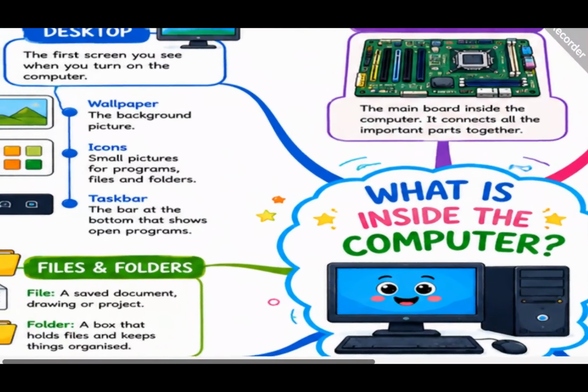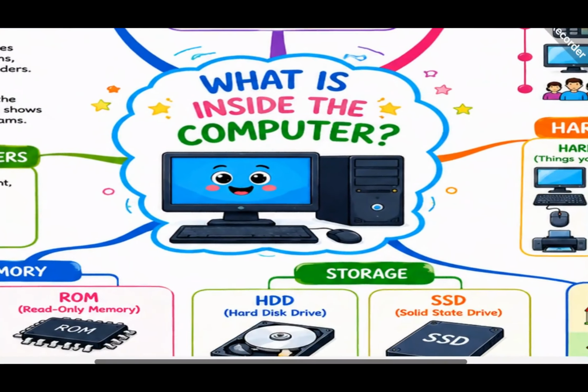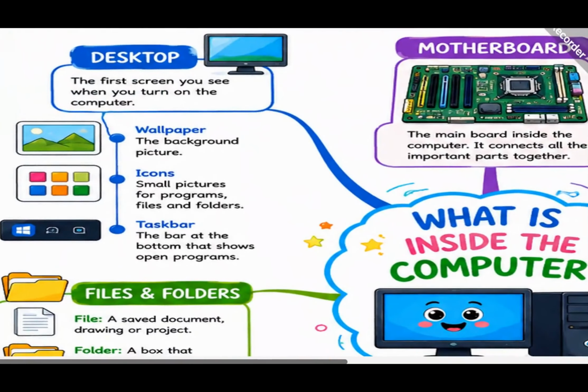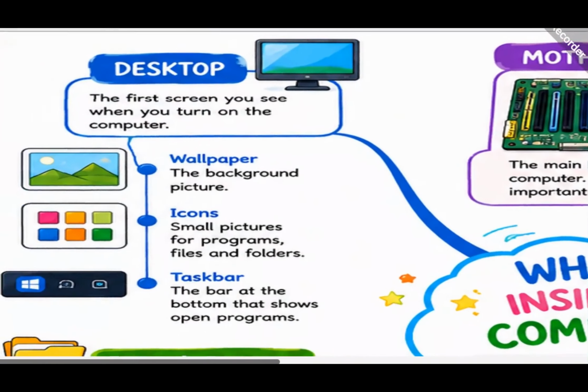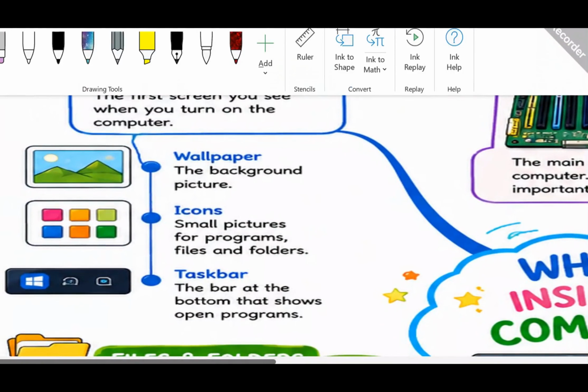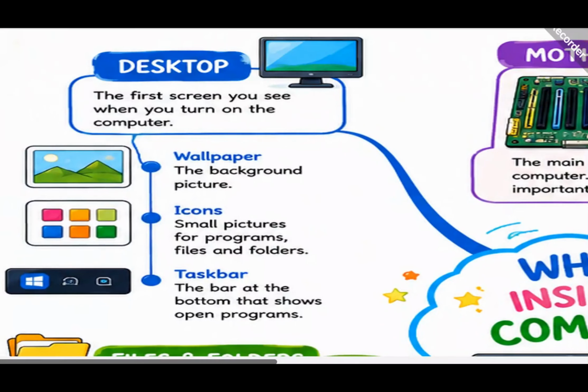First we will study what is inside the computer and learn all the basic things about it. Now let's move on towards the first component, that is desktop. First we have to understand what a desktop is. The desktop is the first screen you see when you turn on the computer, and it has three components.